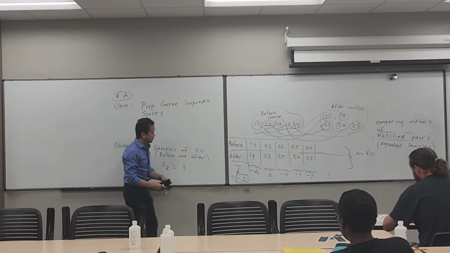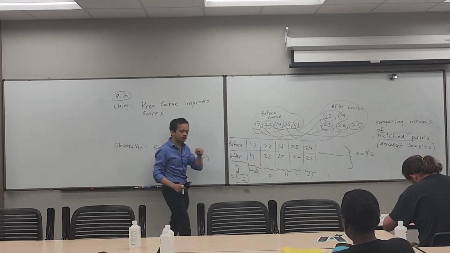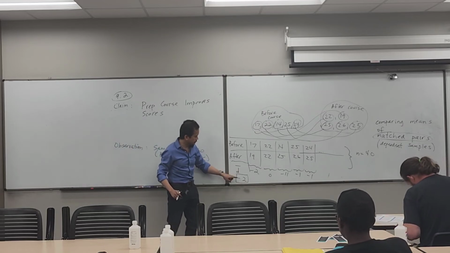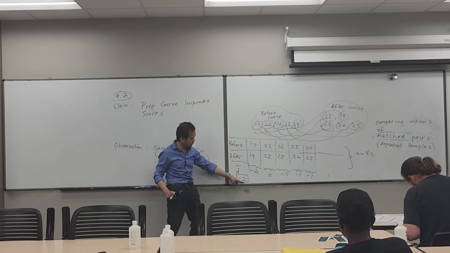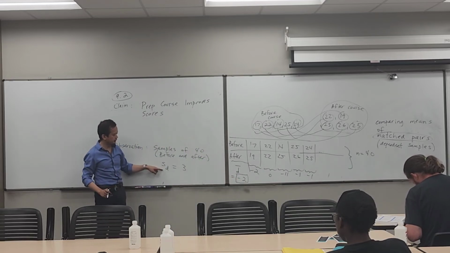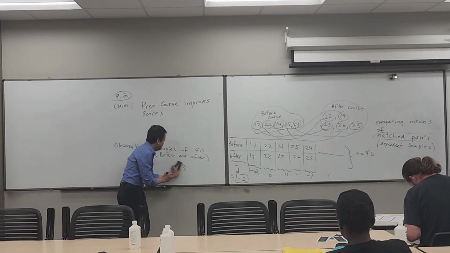So both these numbers, so this is what you observe, is the matched pairs. Let's say you type in these matched pairs in your calculator, and your calculator will give you that the average difference of the matched pairs is -2, and the standard deviation of these differences is 3.